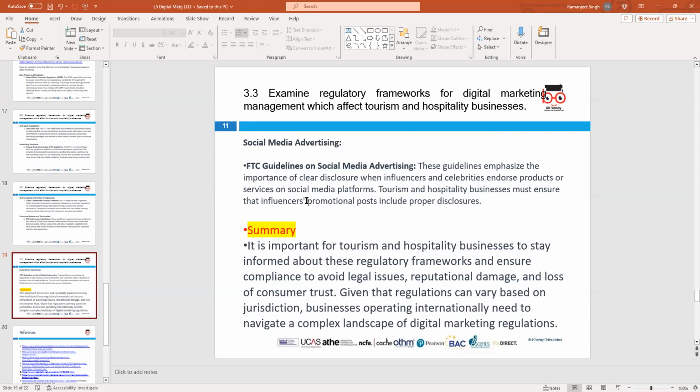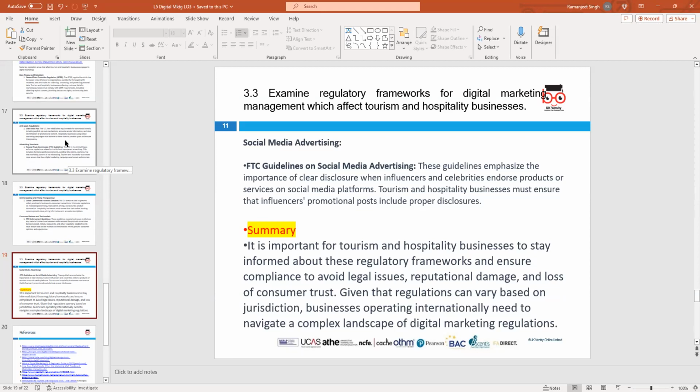You have to make sure there are clear disclosures, and that products advertised on the social media platform are the right ones, not fraudulent or miscalculated, and that they are not selling some information which is not properly disclosed. So there is a lot of regulatory framework, and a lot of regulations have been passed over the years.